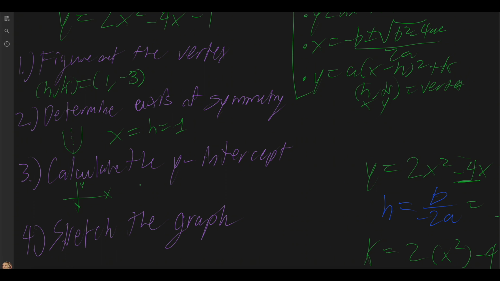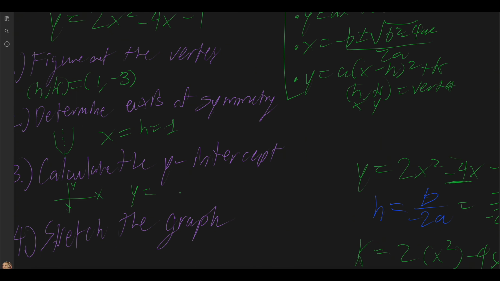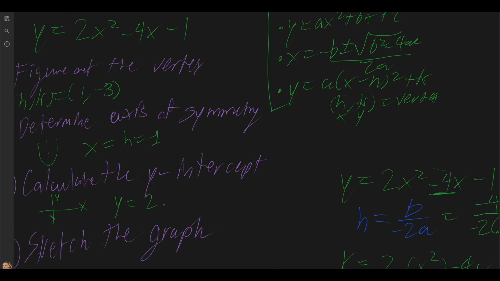And to do so, we can just plug into our equation. We have our equation, y is equal to 2x squared minus 4x minus 1. We can just plug in 0 to get our output. So that would mean 2 times 0 squared, minus 4 times 0, minus 1.